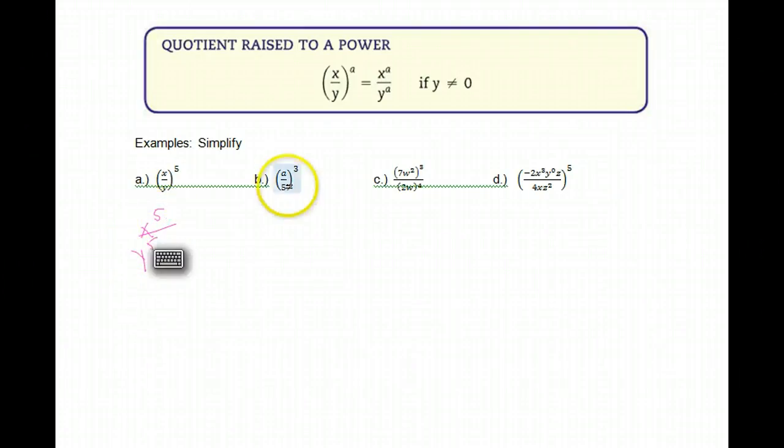Letter B, we have a cubed over 5 cubed. So we would make that a cubed over 5 cubed. And then we would evaluate. So a cubed over 125.